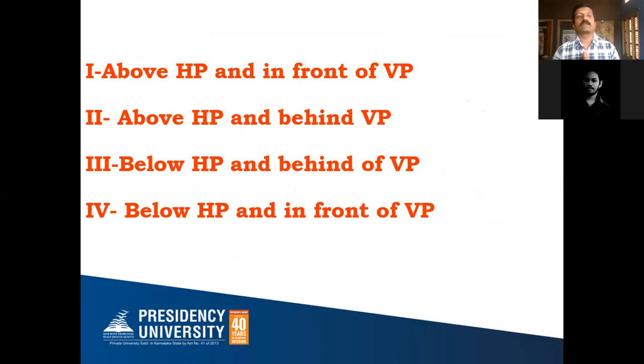In this quadrant system, the object may be situated in any one of the four quadrants: first, second, third, or fourth. This is mainly decided based on the position of the object with respect to HP and VP.